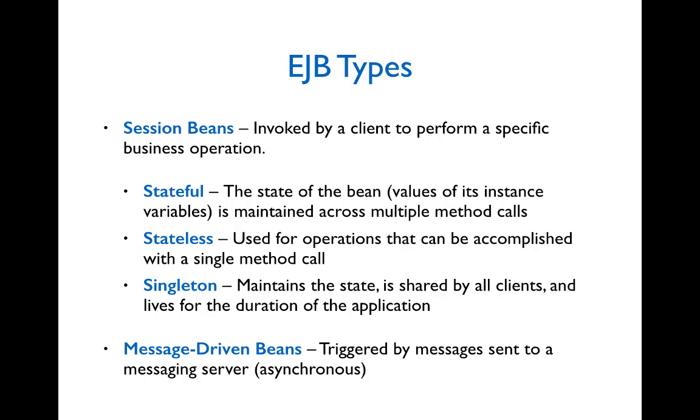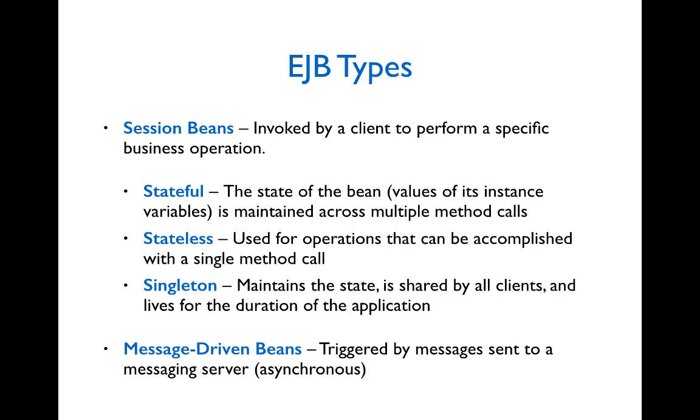Message-driven beans are triggered by messages sent to a message server. They are used for sending asynchronous messages between system components. Session beans are invoked by a client to perform a specific operation. Once the operation or set of operations is complete, the bean is destroyed or returned to the EJB pool.